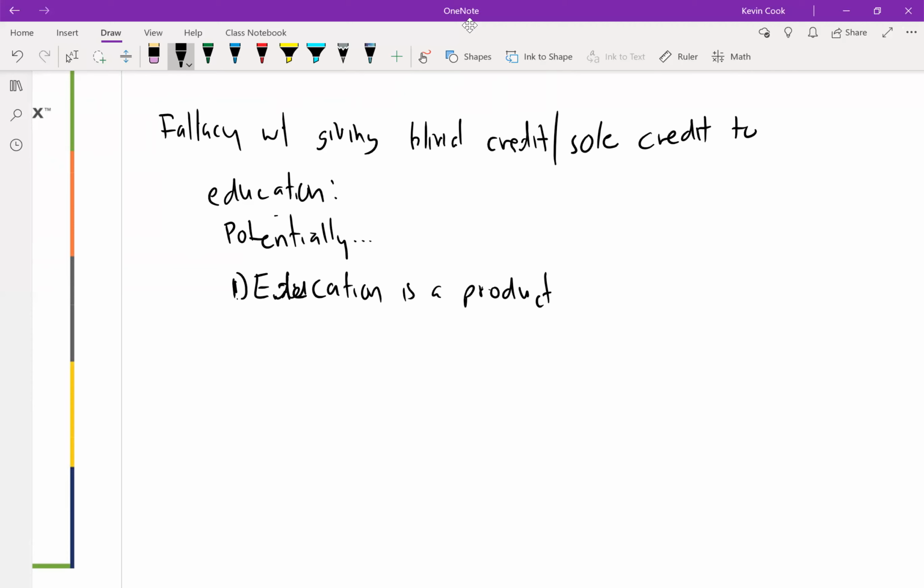And that is, having a high percentage of your population educated is maybe a product of a higher productive or a more productive society.